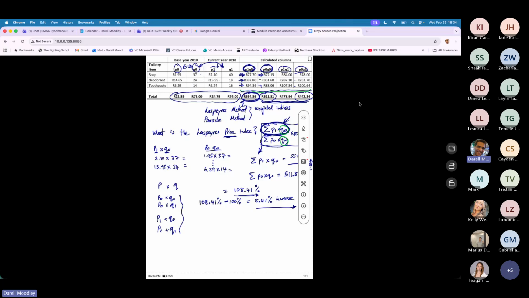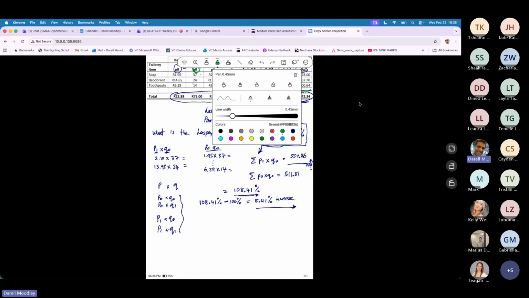So what that means is that you've kept the quantity in the base year constant, because remember Q naught is the quantity in the base year. You can see Q naught is both in the numerator and the denominator. That's what we're using as the weight. So our interpretation will always start off with, what are we keeping constant?